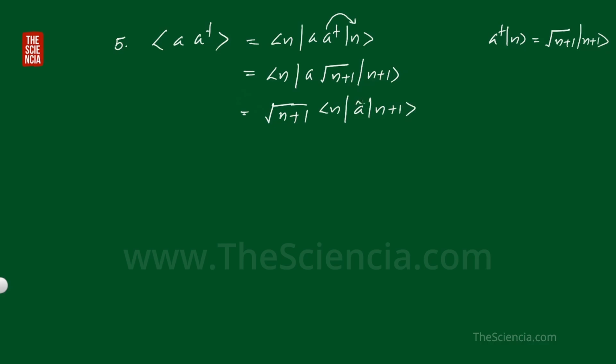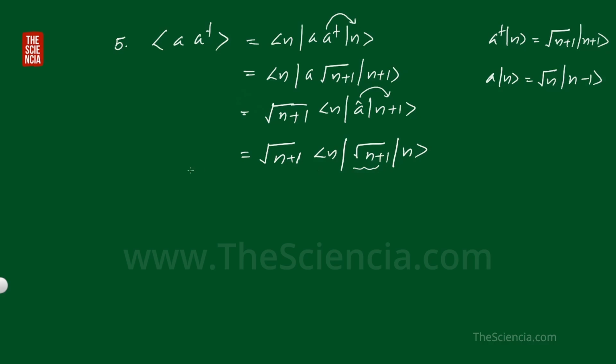Now this annihilation operator operates on n+1. You know, when the annihilation operator operates on n, we get √n |n-1⟩, right? So here it is n+1, therefore that minus 1 will be n. So this is equal to √(n+1) and ⟨n|, and a† operates on this one, you will get √(n+1), right? |n⟩.